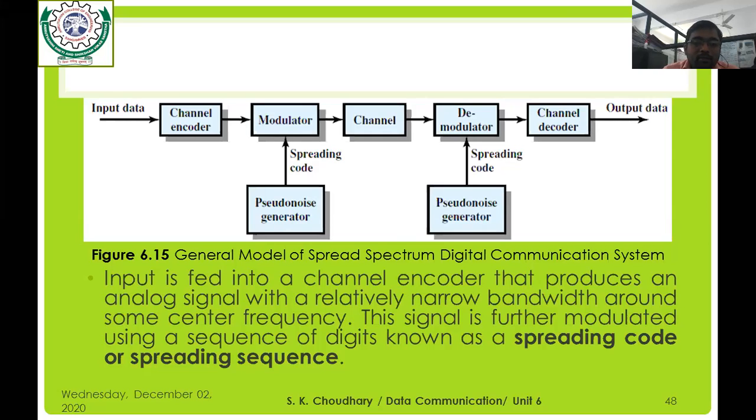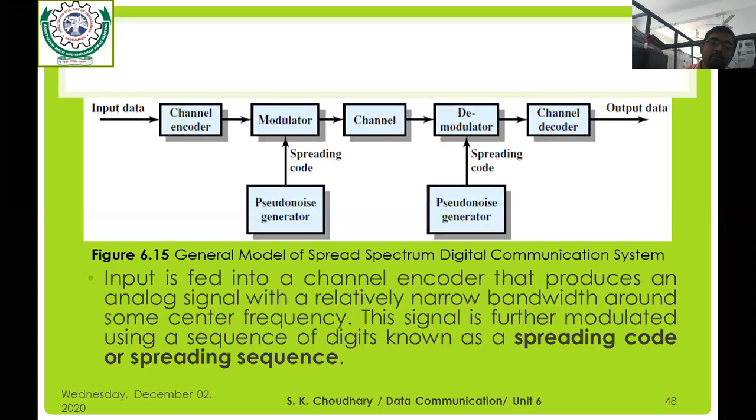If you look at this particular structure of the spread spectrum digital communication system, the input data is fed to the channel encoder that produces an analog signal, with a relatively narrow bandwidth around some center frequency, and this signal is further modulated using a sequence of digits known as the spreading code or spreading sequence, and generally that is a pseudo noise generator.